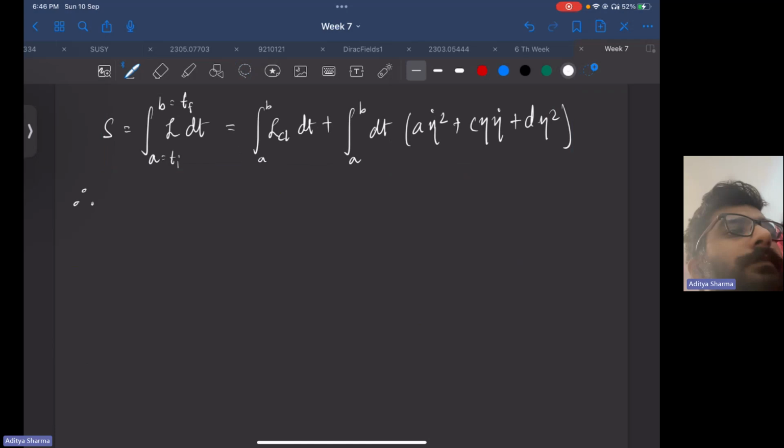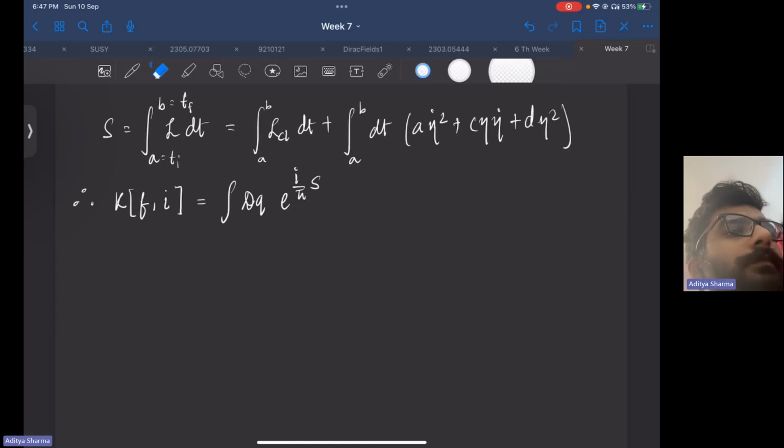Therefore, the path integral from the initial point to the final point, whatever you want to write, is nothing but the functional integral over the q's, times this, where q can be written as q classical plus η.